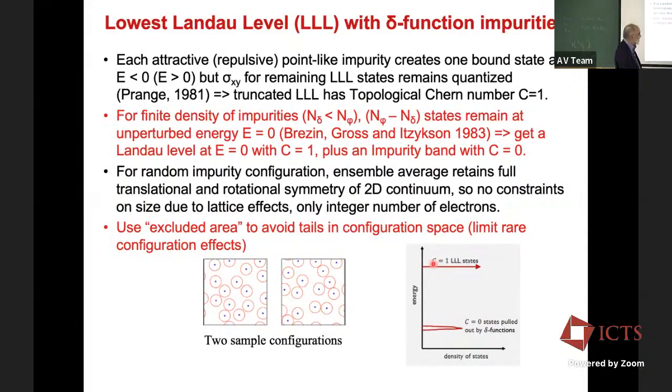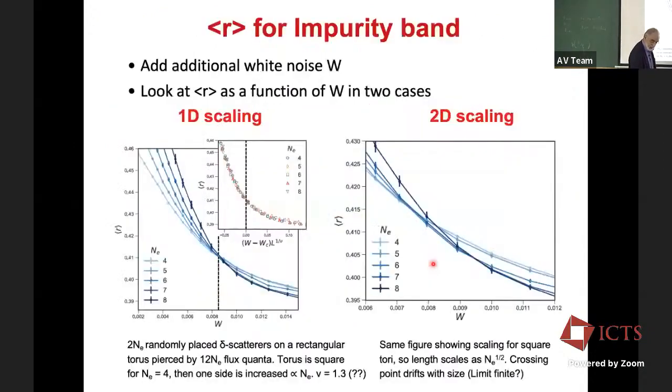So basically, you're stuck having a narrow impurity band made out of a small fraction of the Landau level. That's what you can do things with. And in that band, you do see many-body localization, certainly in the one-dimensional case and possibly in the two-dimensional case.